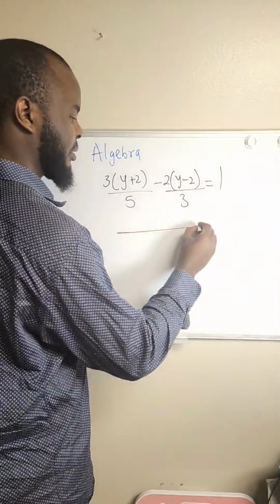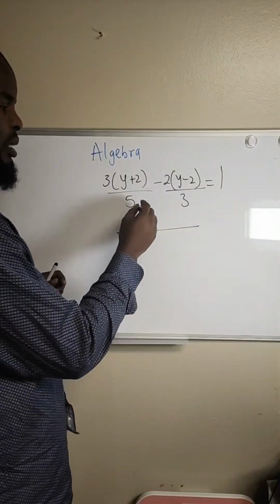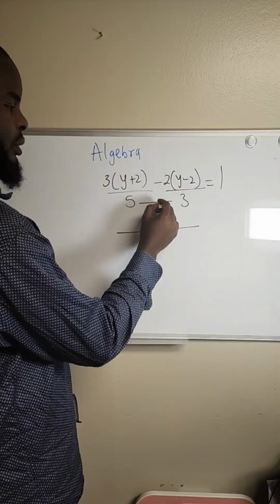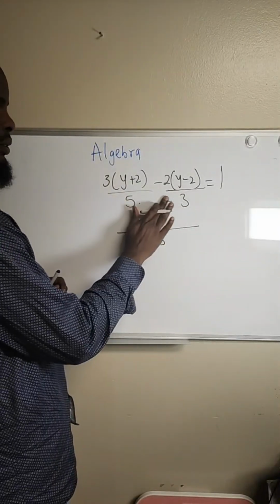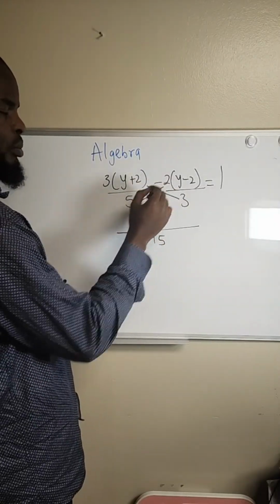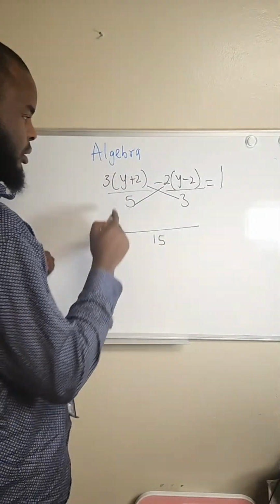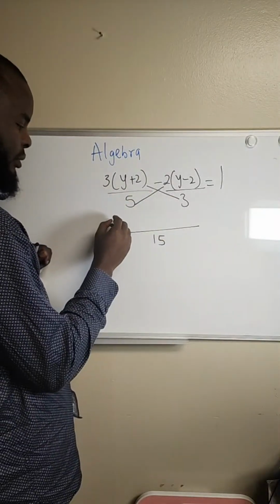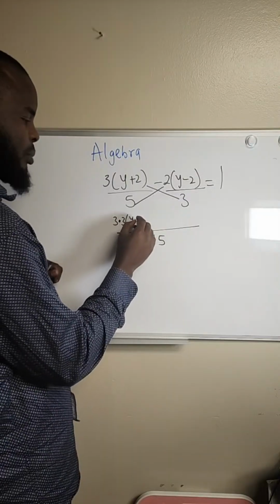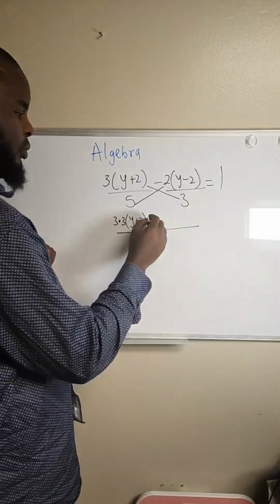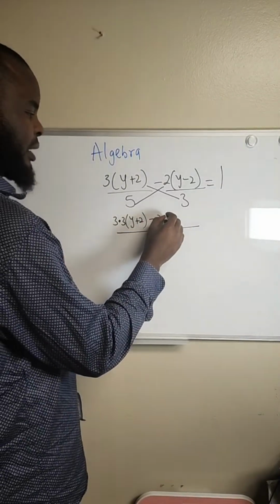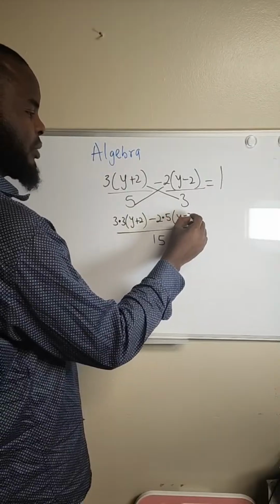Now, find the LCM, or you can multiply these two denominators together, 5 times 3, which gives 15. Then you use this to multiply this and this to multiply this. 3 times 3 into parentheses y plus 2, minus 2 times 5 in parentheses y minus 2.